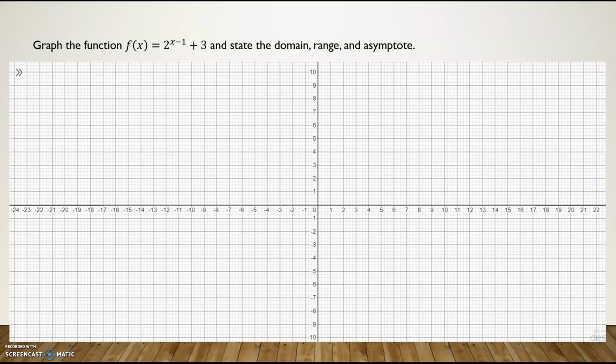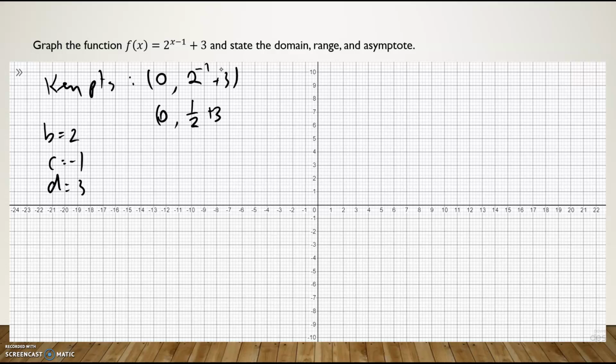So what has changed is we have 2 raised to x minus 1 plus 3. So let's look at our key points. We'll have 0, 2 raised to -1, because our b is 2, our c is -1, and our d is positive 3. So plus 3. So we got 0, that's 1/2 because I got a negative exponent, plus 3.